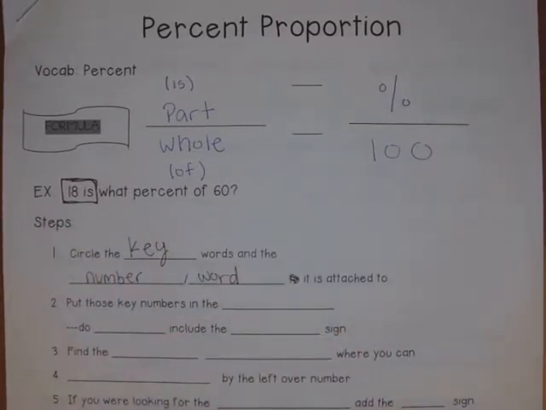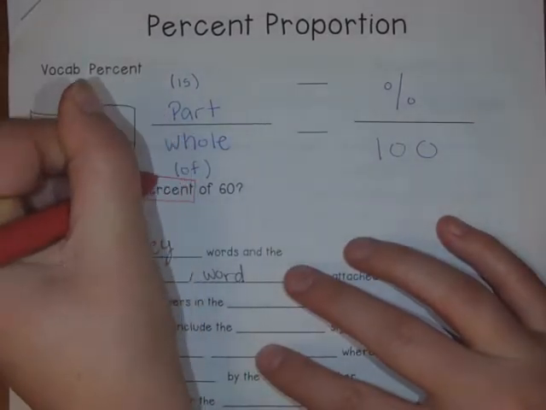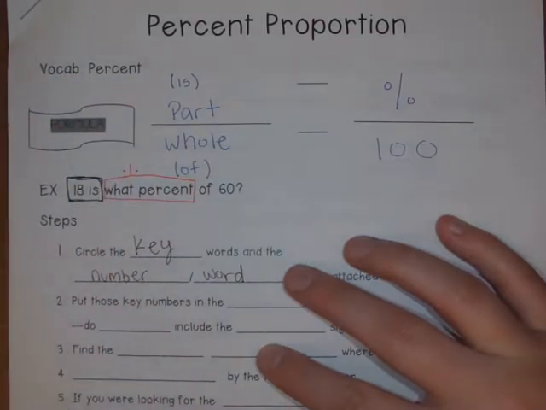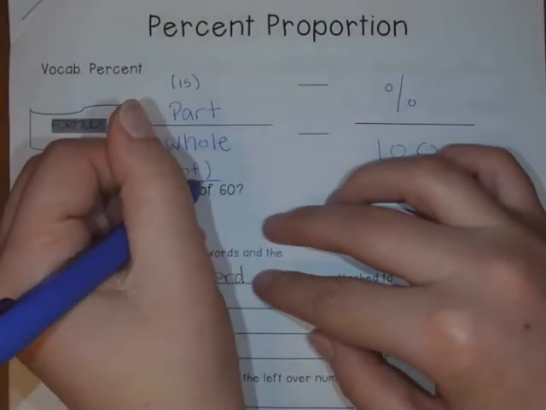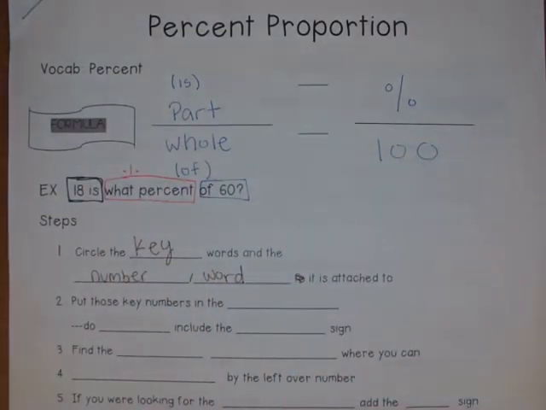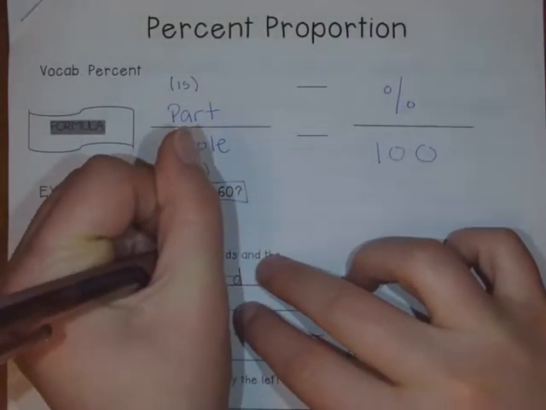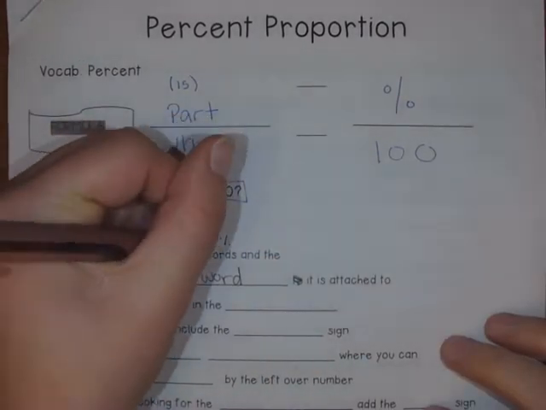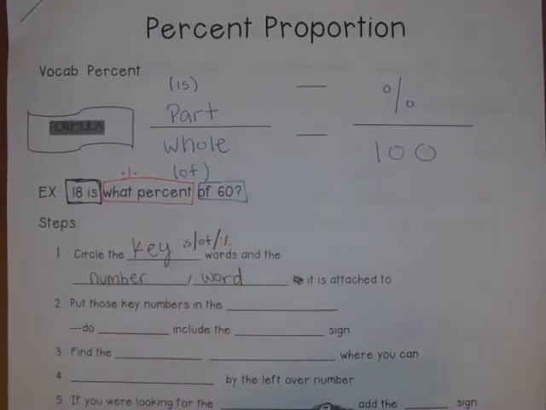And then you have right here, what percent, and then the last one you have is of or 60. And if you're wondering, some of these keywords are is, of, and percent. Okay, those are 3 keywords. So if you notice, we circled all 3 of those.